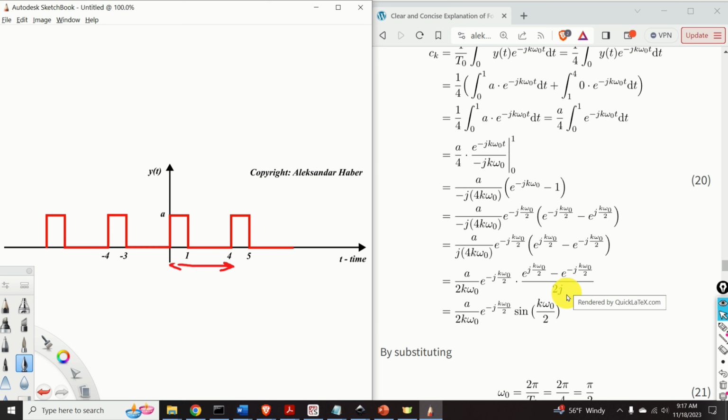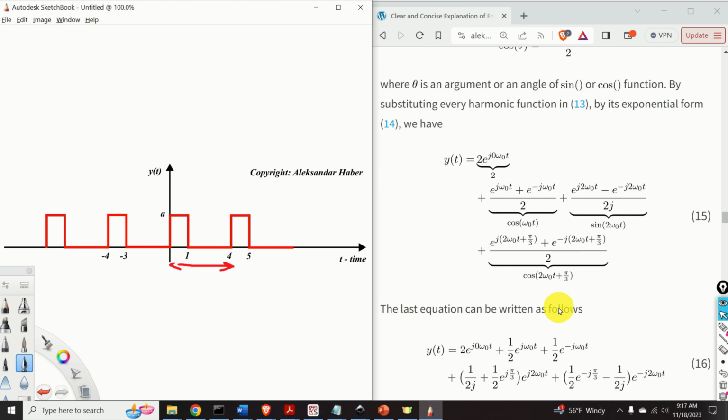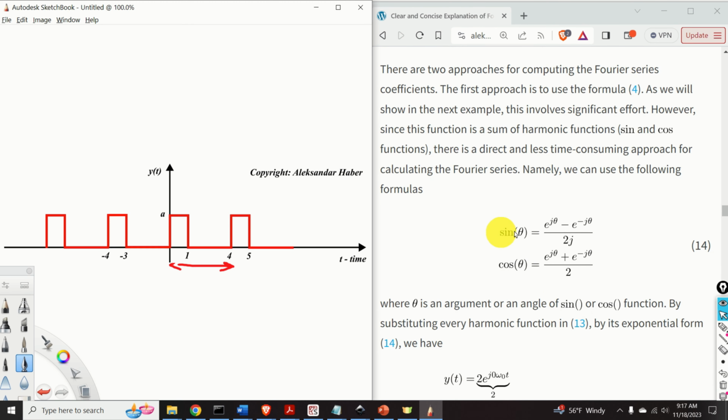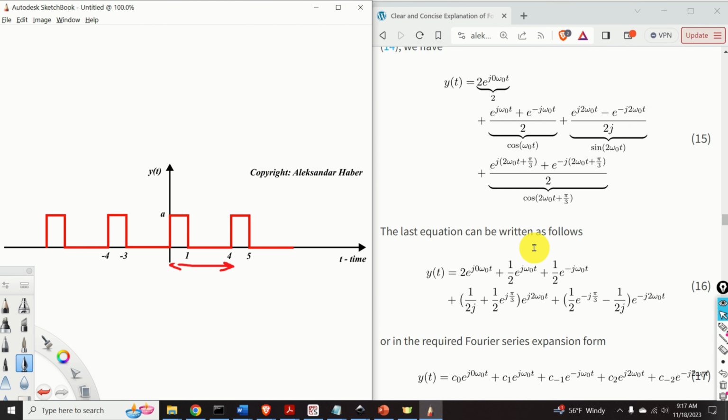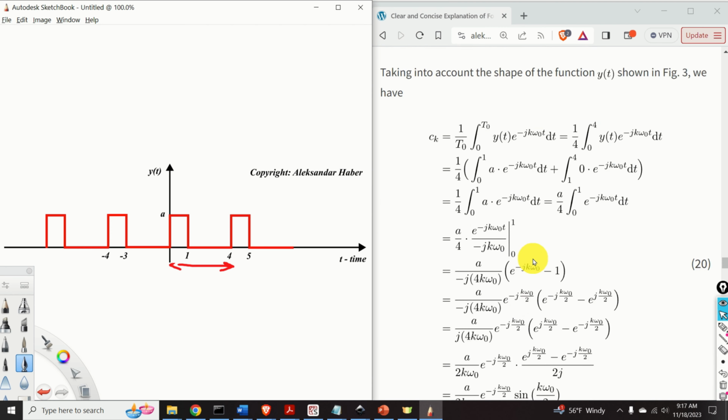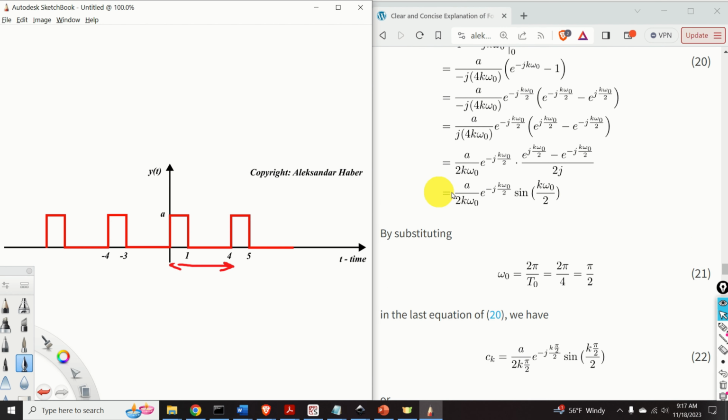Now, let us analyze this term. And let us go back a few steps. And we can use this formula to represent the term as a sine function. And by doing that, we have actually obtained this expression. Now, let's substitute the values for omega 0.